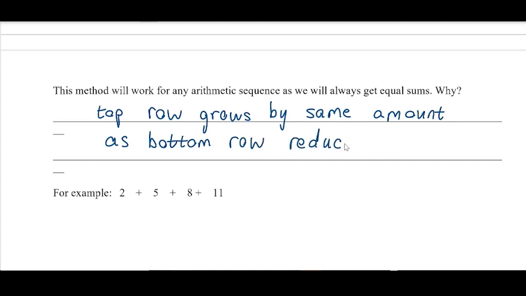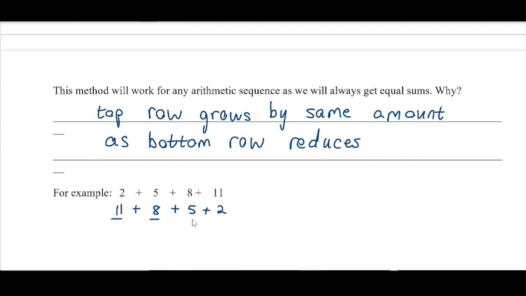So let's just take another very simple little example. Suppose we wanted to add the numbers 2 plus 5 plus 8 plus 11. If we wrote them down underneath, 11 plus 8 plus 5 plus 2, I think we can see what's happening here. From here to here, this one's growing by 3 and this one's shrinking by 3.